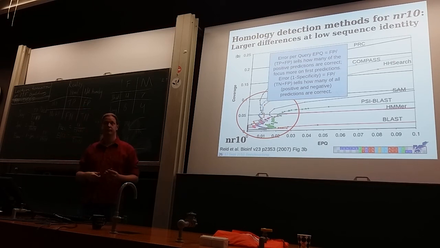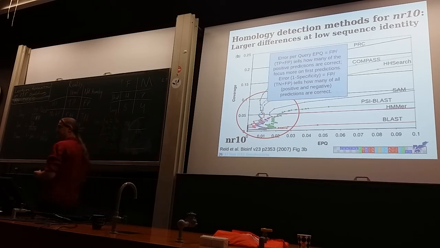For a perfect method, you will have no errors per query and you will have maximal coverage. Right? So you go straight up, and only once you start changing negatives to positive predictions, you start going right. These methods clearly aren't perfect, but they're rather jiggery as well.